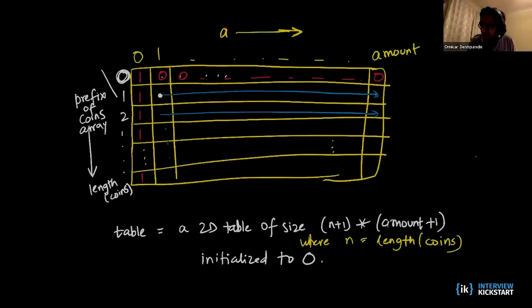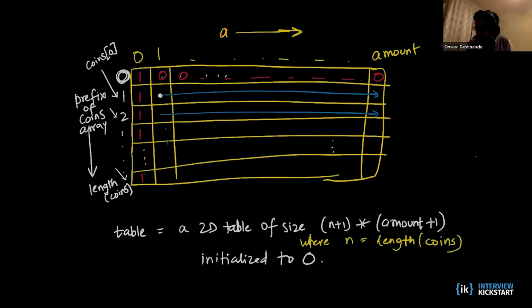This row 1 means you're looking at the leftmost coin. This row 2 means we are looking at the second coin from the left, which is coins of 1. This row n means we are looking at the rightmost coin.